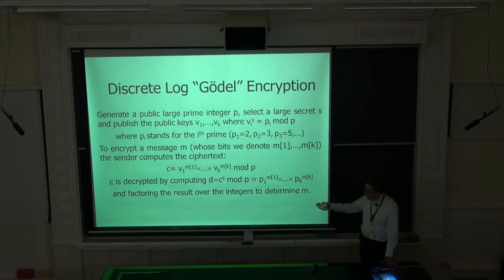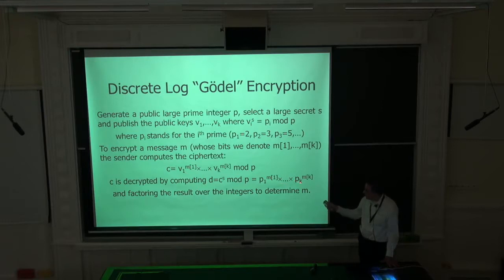So when I want to decrypt it, all I have to do is take this ciphertext, raise it to the power of S, the big random key S, the secret key S, modulo P, and then this has the effect to shrink everything back to my product of primes.